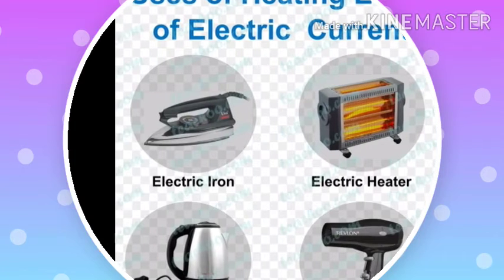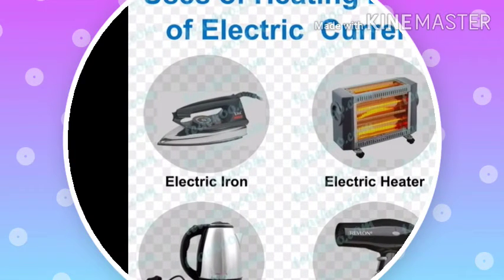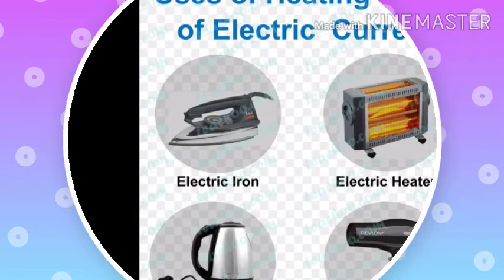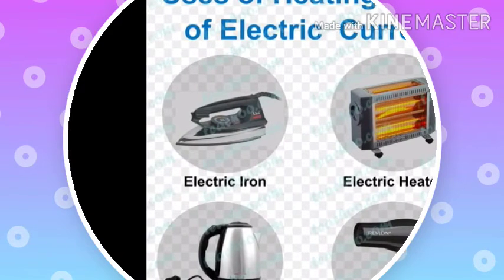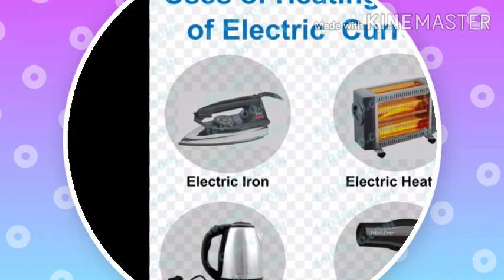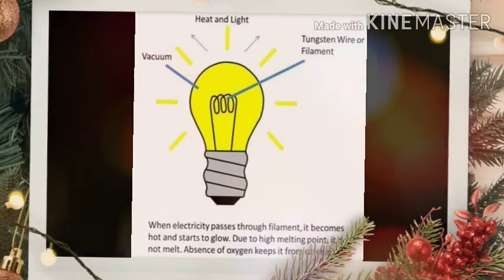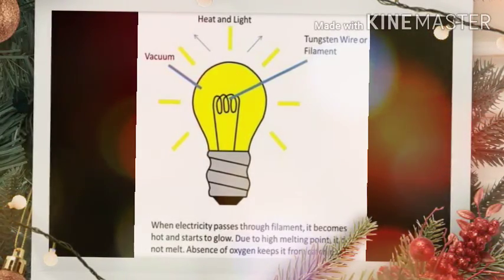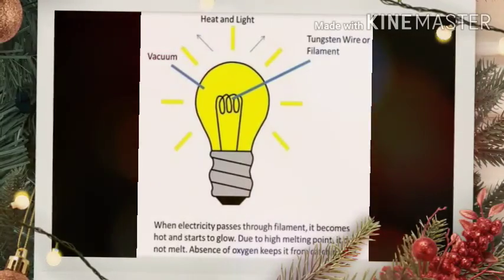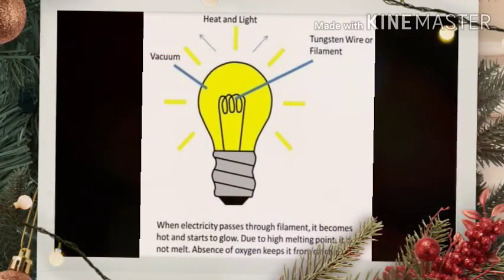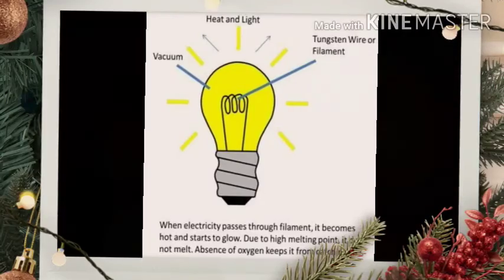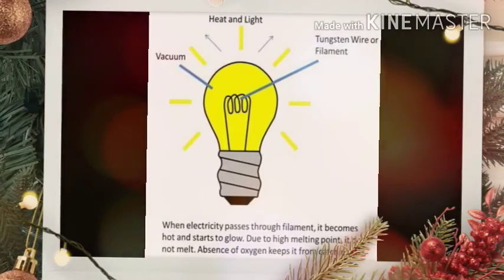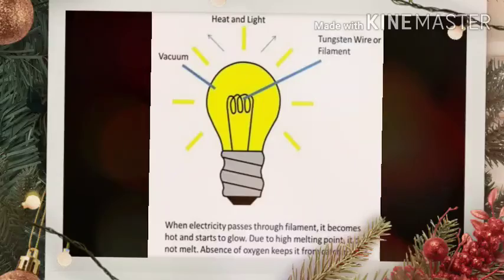Electrical conductors having higher resistivity are used here. For example, a coil made up of an alloy nichrome is used in the electrical heater cooker as a resistor, while a tungsten wire is used in an electric bulb. Because of the current, this wire gets heated to nearly 3400 degrees Celsius and emits light. The hot wire also radiates heat to a certain extent.